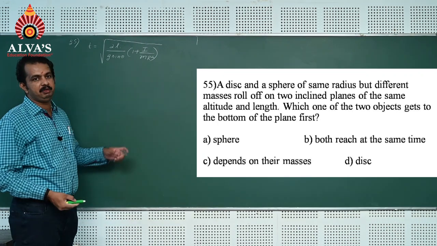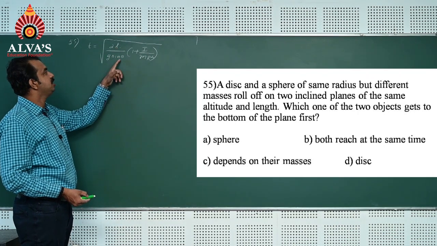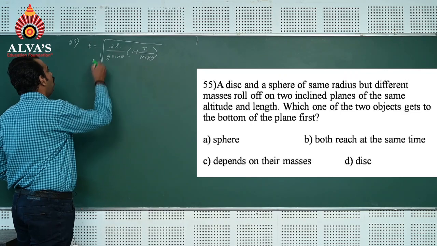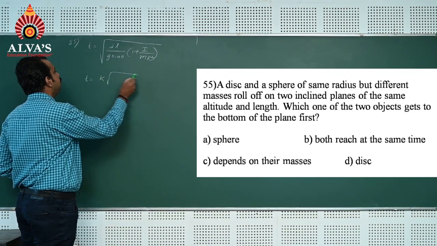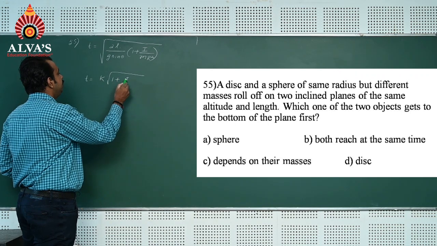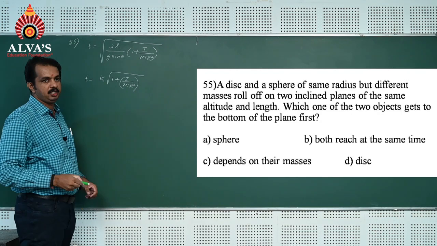Now, as given in the problem, L is constant and sin theta is constant, G is constant. All these constant terms can be replaced by K into root of 1 plus I by mr square. This is the formula we can use here.